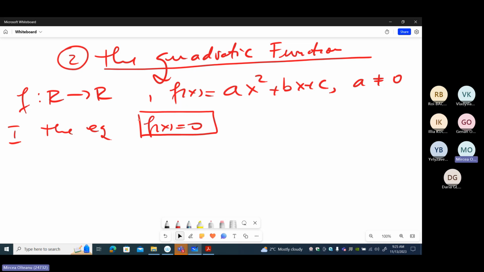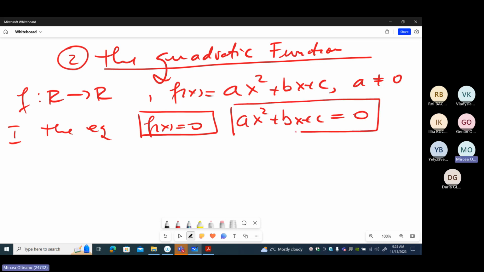Now, this is the famous quadratic equation. To study a quadratic equation, we always start in the same way. We compute the so-called discriminant, denoted by the Greek capital letter delta, which is b squared minus 4ac.